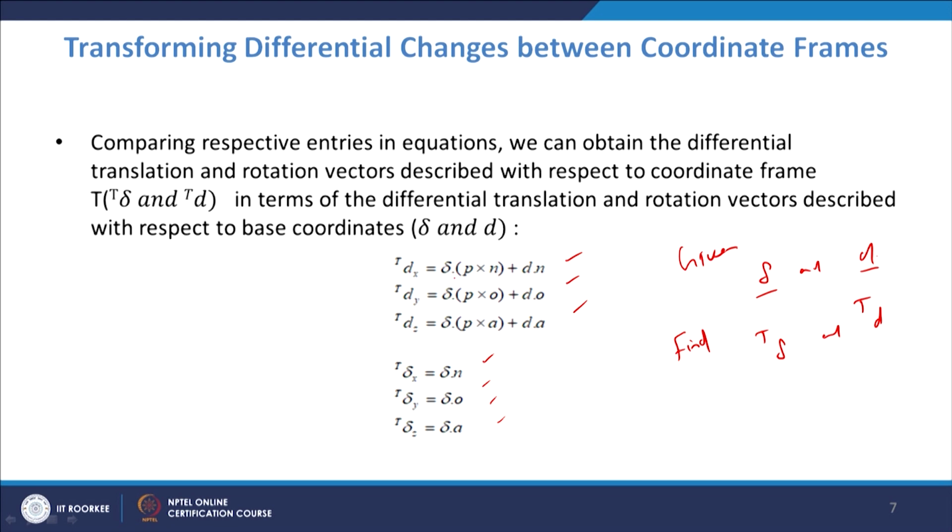And here again we can make use of the form of this one. We can write del dot p cross n as n dot del cross p. This also can be written as O dot del cross p, etc. And then we can take this n as a common factor.